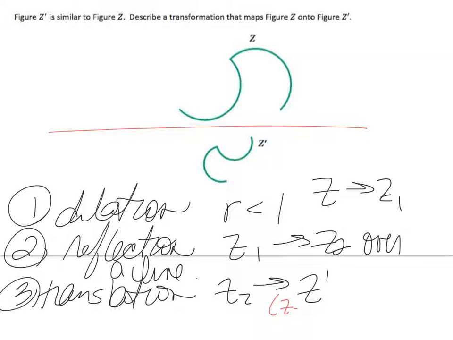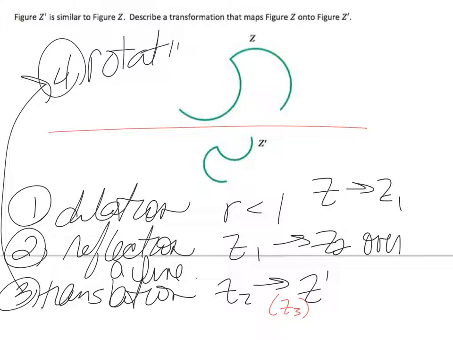And we could call that Z3, which we'll see in the next slide. And then for a rotation until Z3 actually coincides with Z prime.